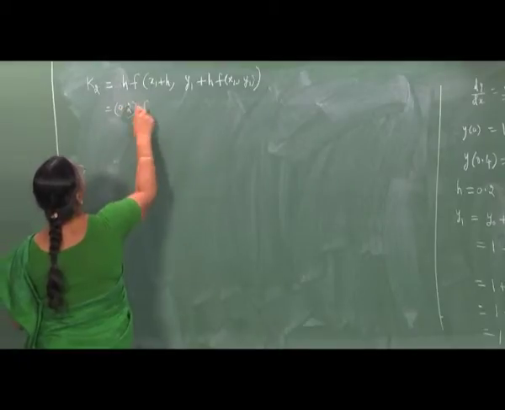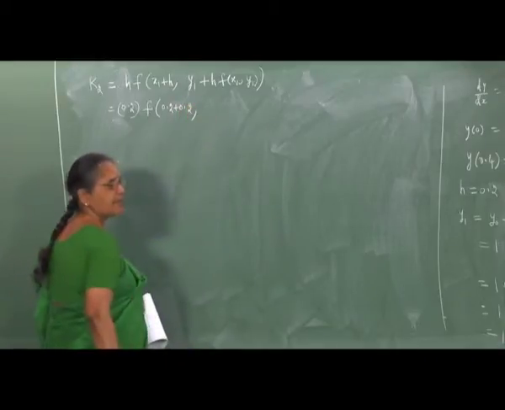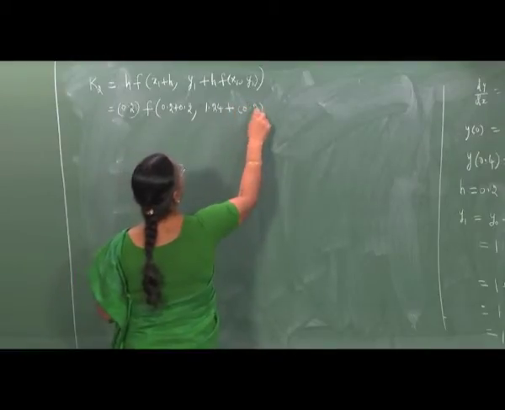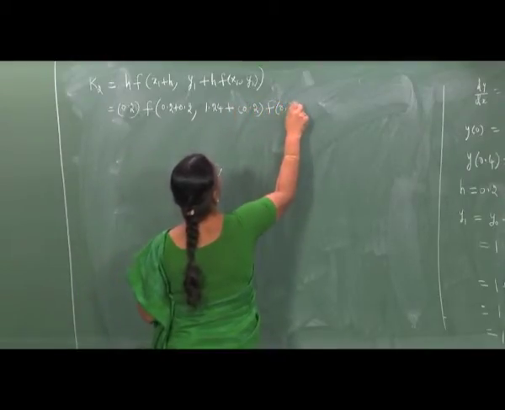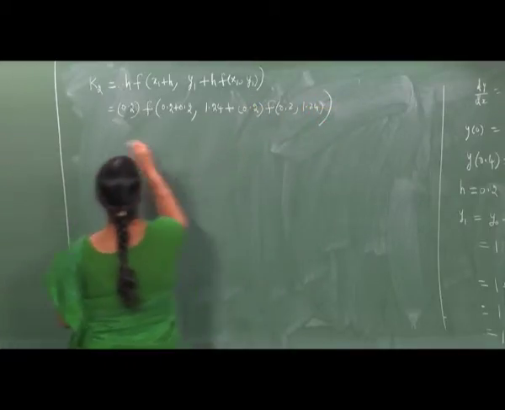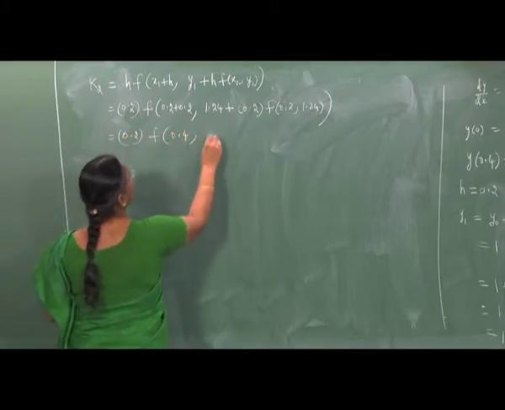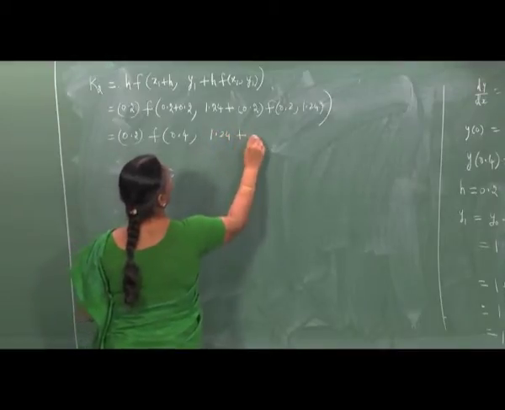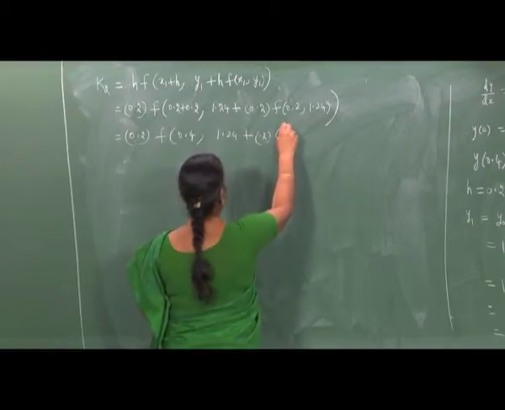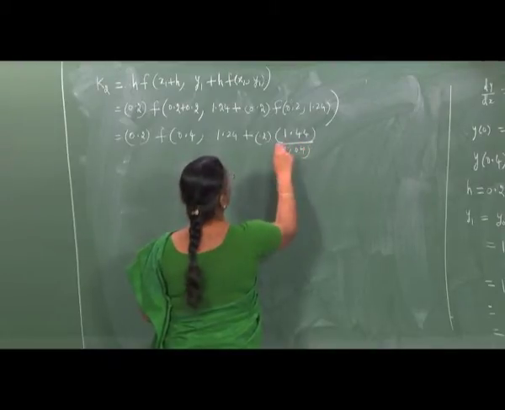So, it is 0.2 into f of x1 is 0.2, h is 0.2, y1 is 1.24, h is 0.2 into f of 0.2 comma what is y1? 1.24. This gives f of 0.4 comma 1.24 plus 0.2 times 1.44 by 1.04.